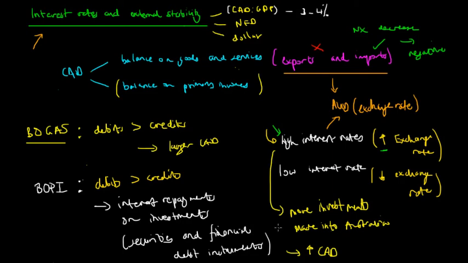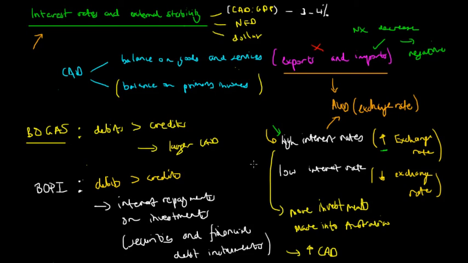And so that means our credits would increase relative to debits in both the balance on goods and services and the balance on primary incomes. But that may not necessarily be a good thing, because it deprives us of the capital inflow from other countries in order to maintain our national savings and investments equilibrium.